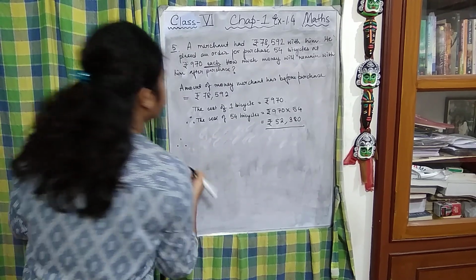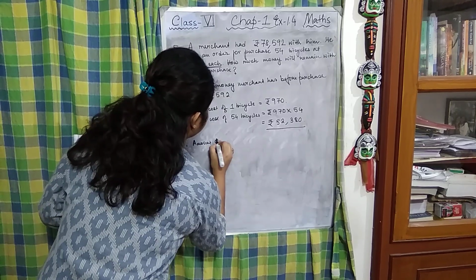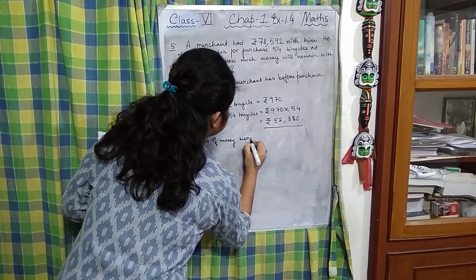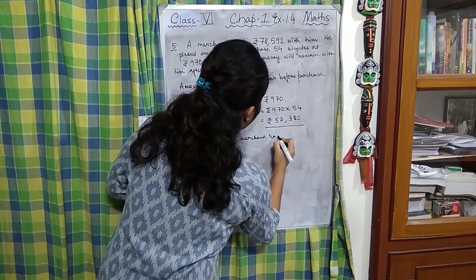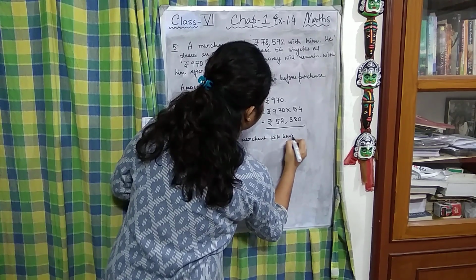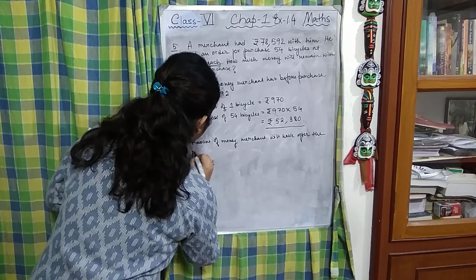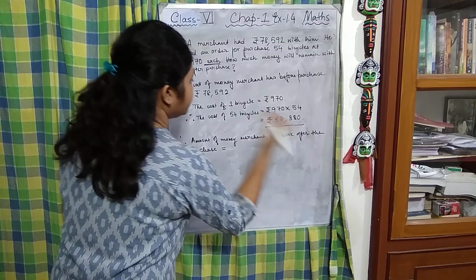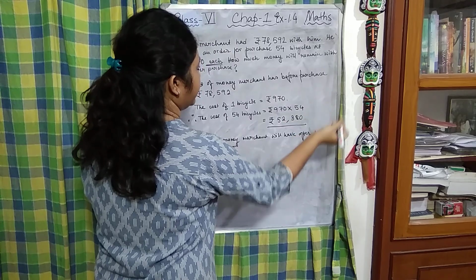Therefore, to find out the amount of money the merchant will have after the purchase is equal to, we have to subtract 52,380 from what?